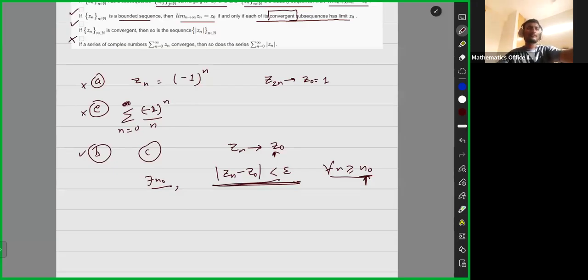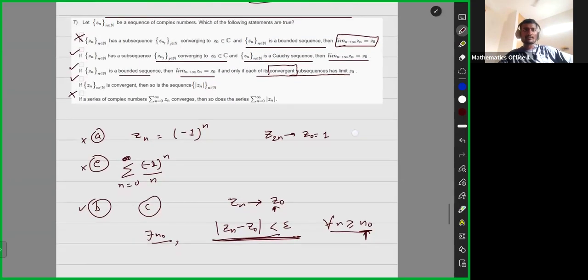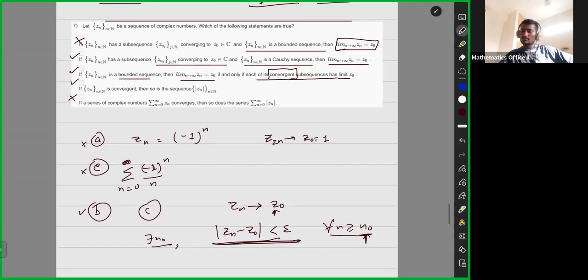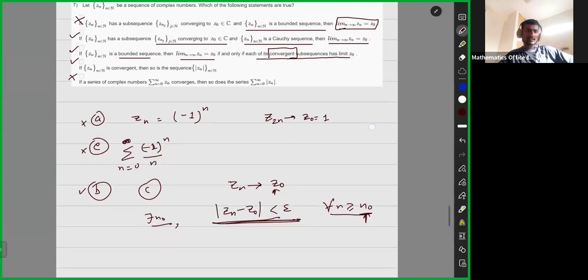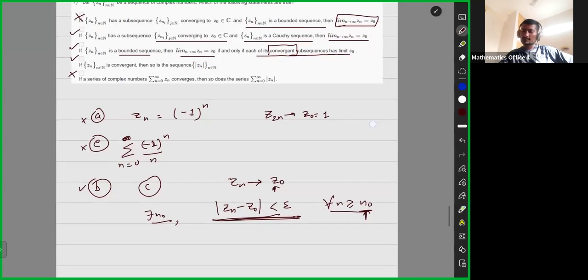Right. So there is some problem with our notations. Can you produce an example? Example of what? Where if you do not use boundedness.